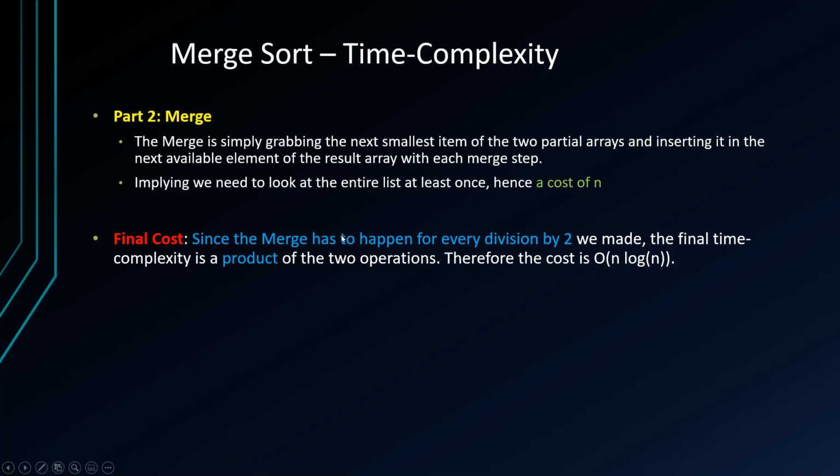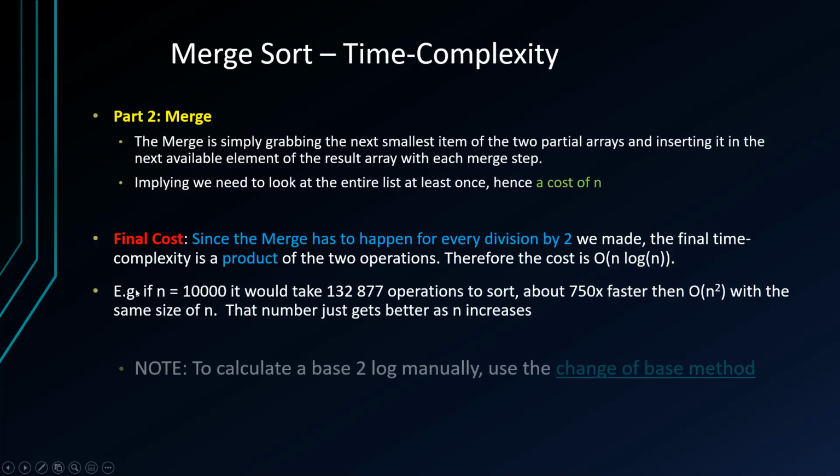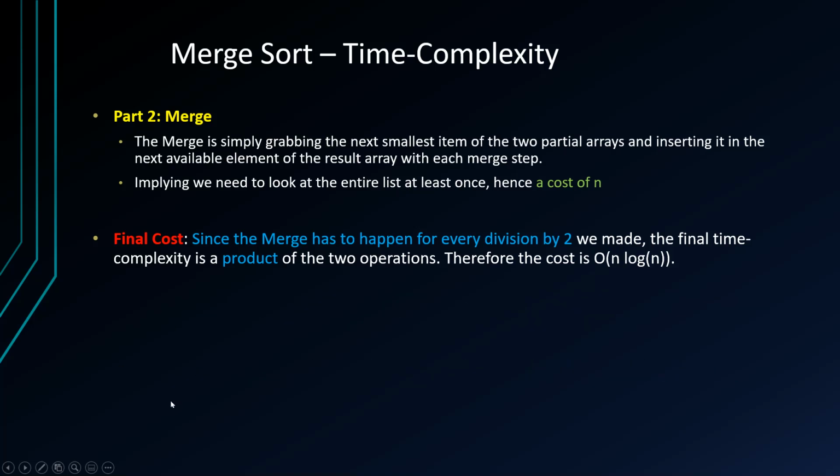If we have an input size n of 10,000, which is fairly reasonable, both of those iterative sorts that we saw before, the insertion sort and the bubble sort, were both big O of n squared.